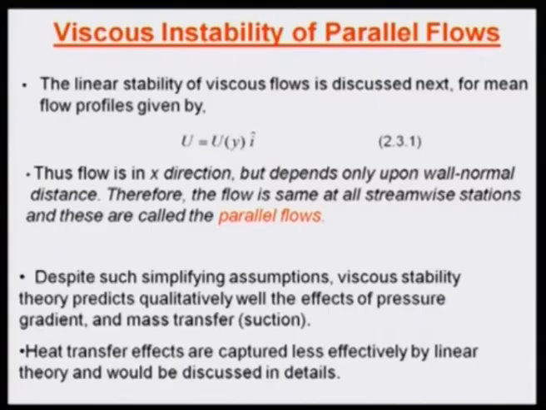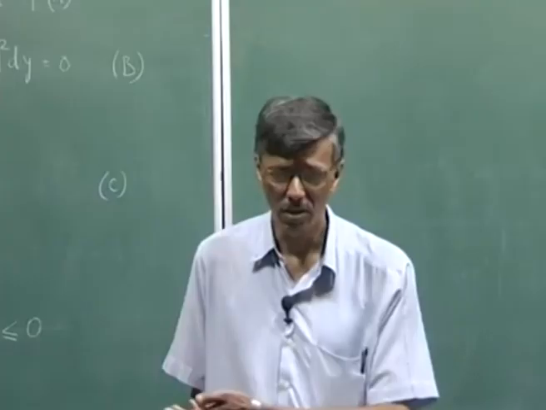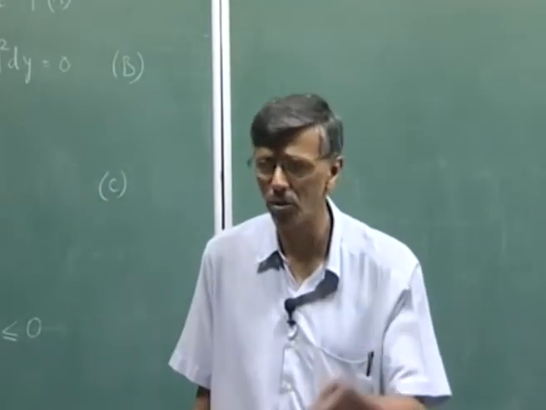I would depart from what most of the books write. They say that it captures effectively. I disagree with that based on some of the work that we have been doing in recent times. One of our students just defended his thesis, where we see that the moment we add heat transfer, linear stability theory has some insurmountable difficulties depending on the flow configuration.